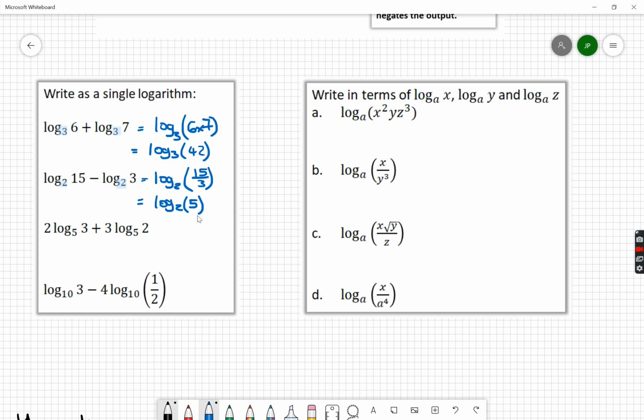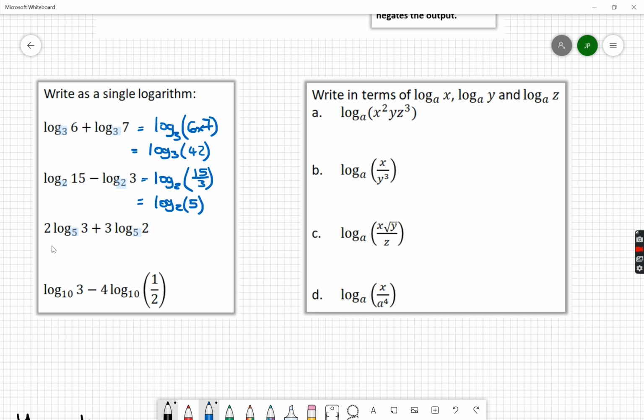Right, third one. First of all, we've got the same base, which is brilliant. Now, what you need to know about this is you can't add or subtract logs while you've got a coefficient in front of it. While you've got a coefficient there, you cannot do it. So the first thing we've got to do is get rid of these coefficients in front. One of our log laws was how we could eliminate a power from the number we're logging by bringing it in front. So we're going to do the reverse, basically.